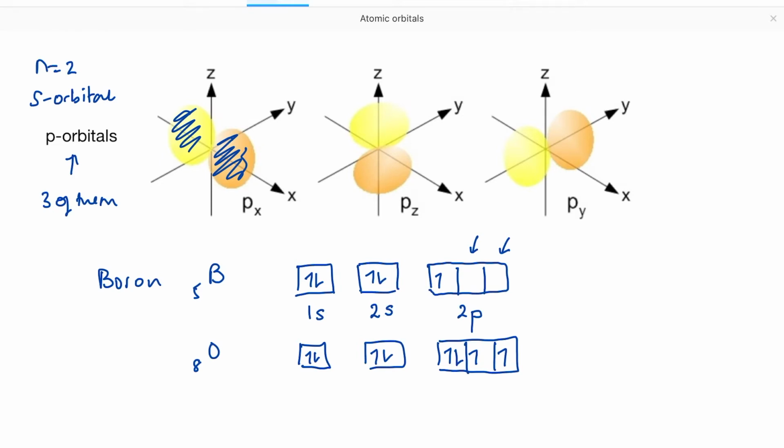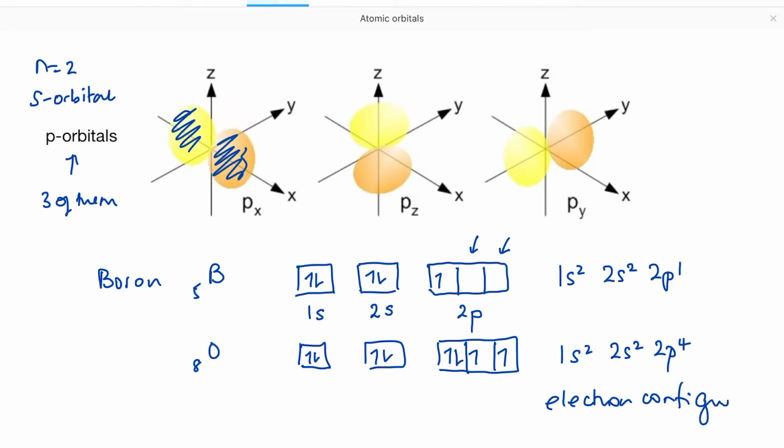Often we see this written as shorthand. So for boron, I might say 1s2, 2s2, 2p1. For oxygen, 1s2, 2s2, 2p4. So when you're asked to write the electron configuration for an atom or an ion at A level, this is what we're talking about.